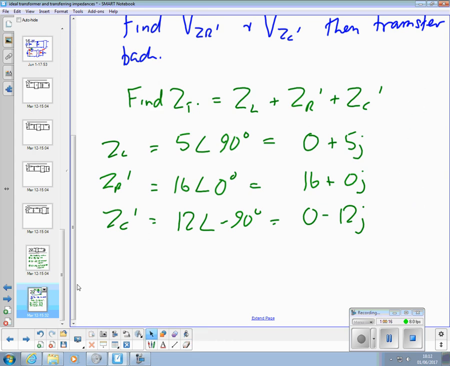Add them all together. What do we get? We add this column: 16, 5, minus 12, and the imaginary part is minus 7j, is it not?